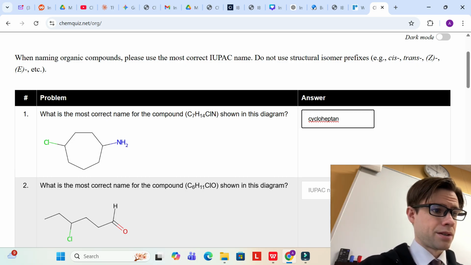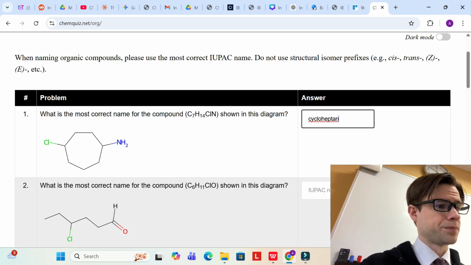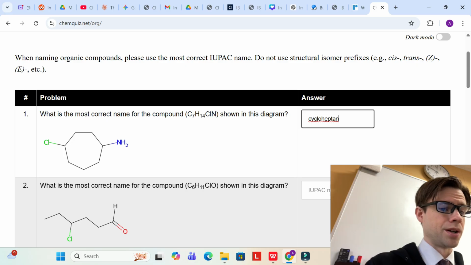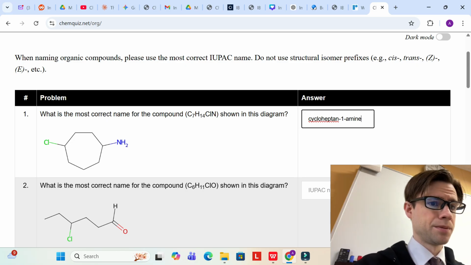And this particular ring has functional groups, halogenoalkane, chloro, and amine, NH2. Now the main highest priority one should be that amine. So I'm going to label that as carbon 1, and this can then be called heptan-1-amine.